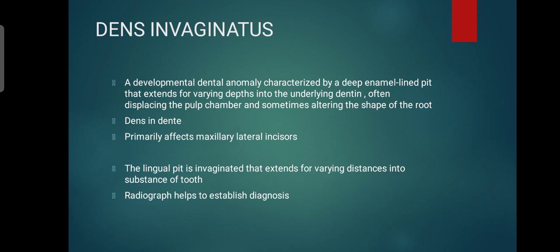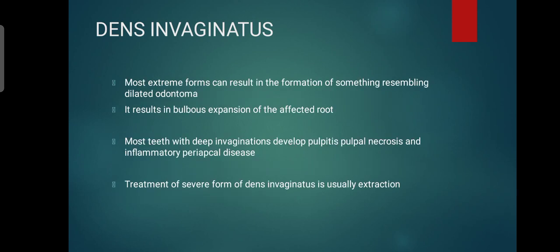In most cases of dens invaginatus, the pit on the enamel surface is located on the lingual aspect of the incisor tooth. However, there are cases that involve peg-shaped lateral incisors. They usually exhibit the pit at the tip of the conical crown.